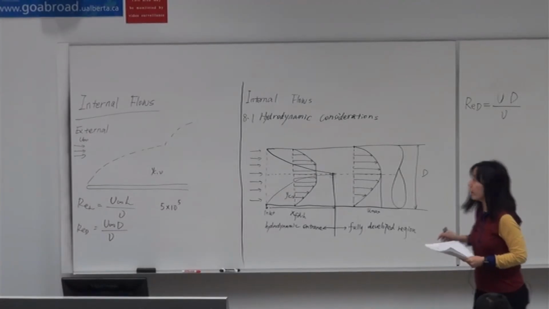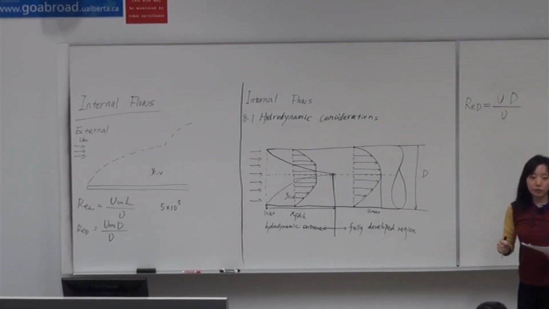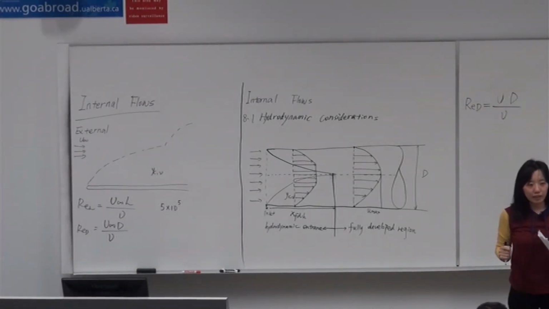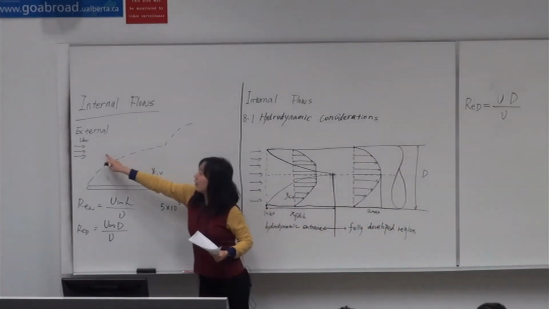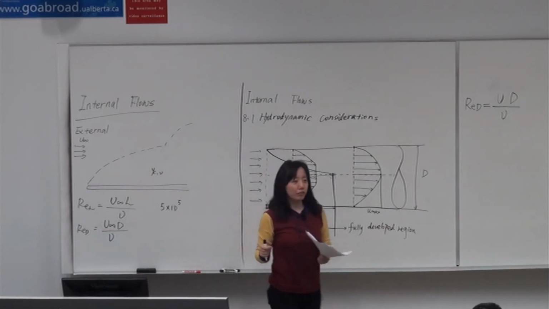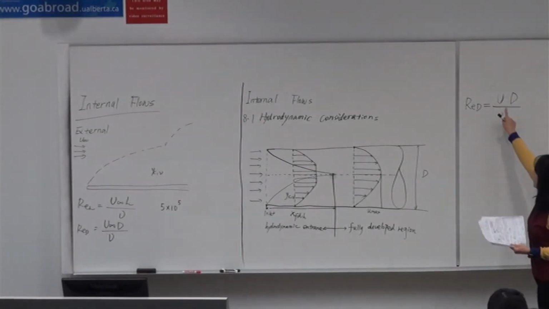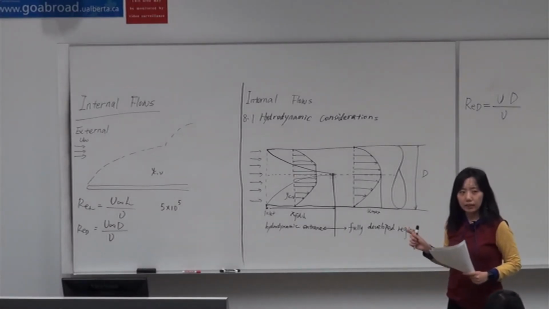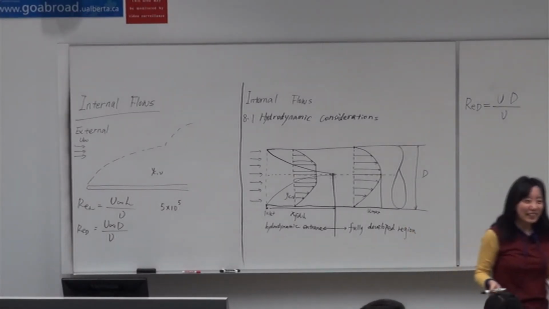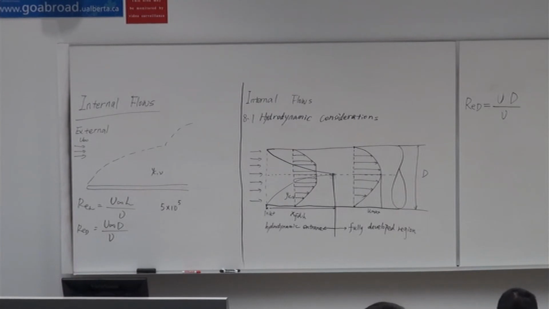But the question here is, what should we put there as a velocity? Because in the external flow case, we have a very clearly defined U infinity. What should we put here as our velocity for internal flows? Average velocity? You answer all questions correctly. There is no mystery there.